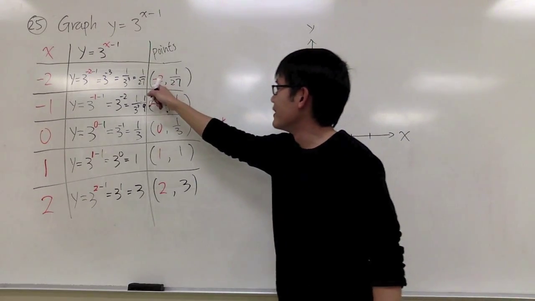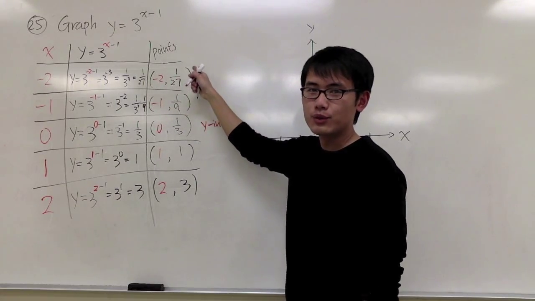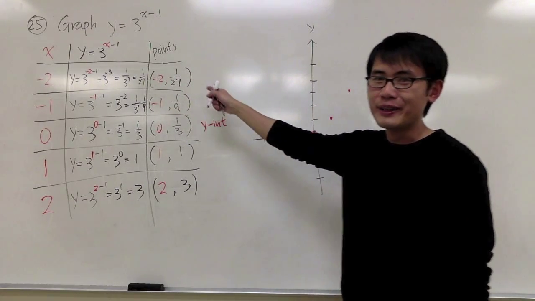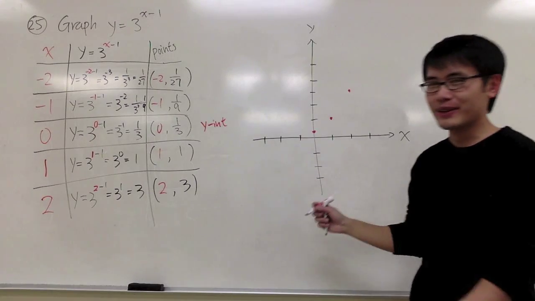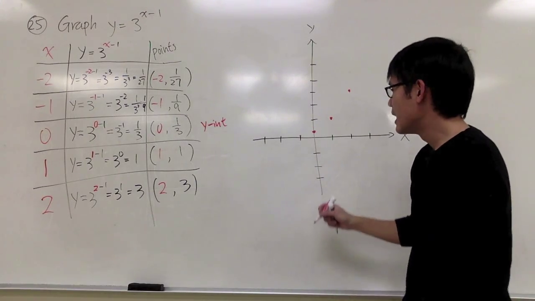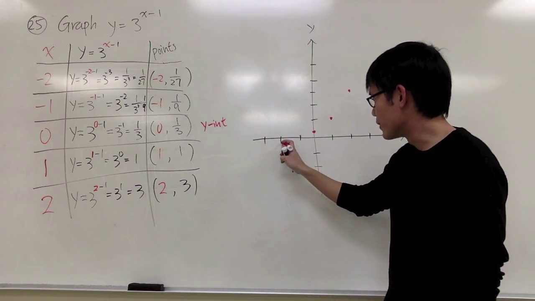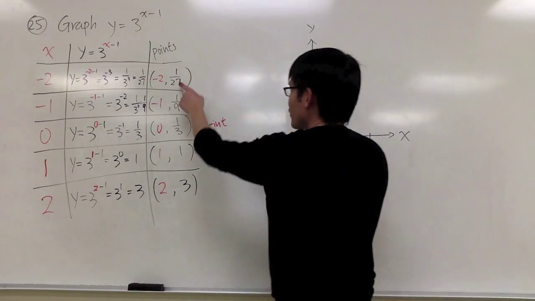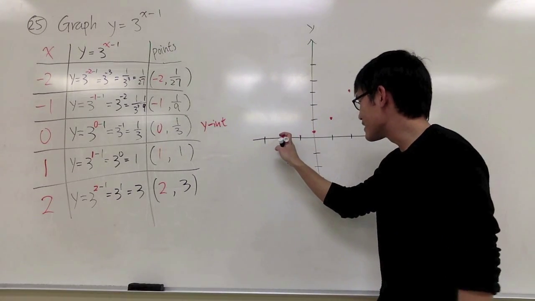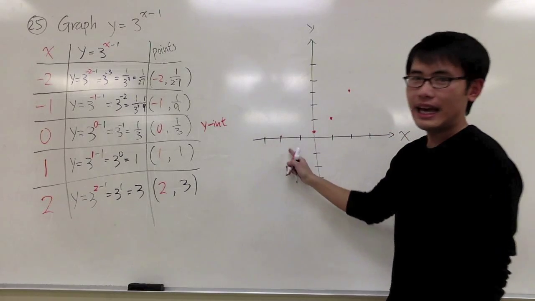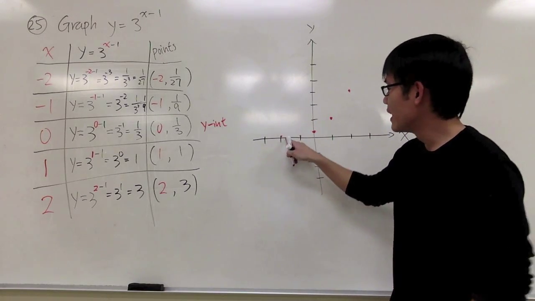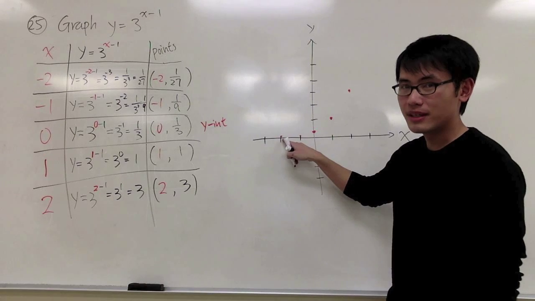And then if x is -2, the y value is 1 over 27, which becomes very difficult to graph in our situation. But I know x is -2, which is right here. 1 over 27 is just something really close to the x-axis, but technically it's not on the x-axis because that's not 0.